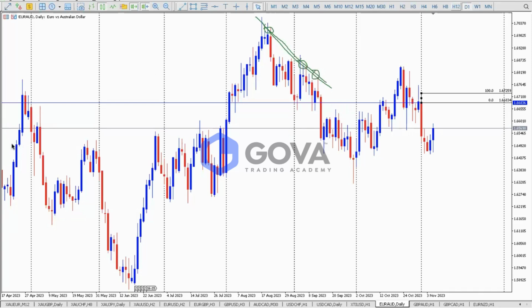So that is a psychological supply area. The same thing applies here. Whenever markets come into this area, it rejects. It means that this area also is a major supply area. Whenever markets come into the area, you should expect markets to reject the area because overall it is a major psychological supply area, okay?